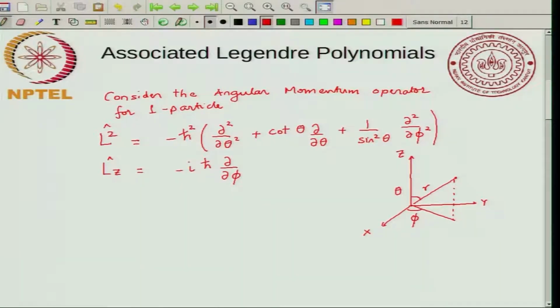In spherical polar coordinates these are the operators for L square and Lz.